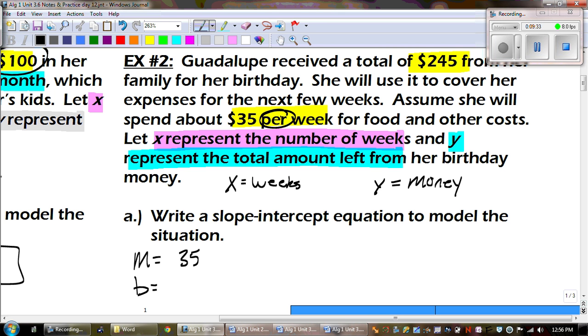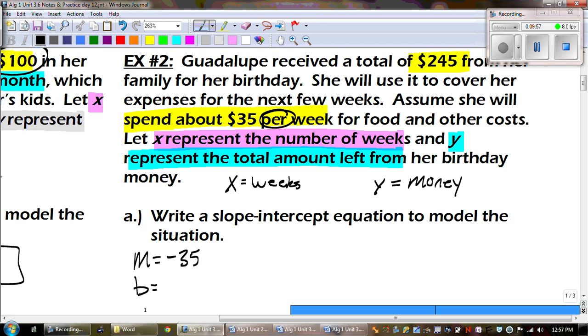Now, question for you. Read that sentence where it starts with assume. It says, assume she will, what's this word? Spend. So she's spending that amount. So are we adding that amount or are we subtracting it? Yeah, we're subtracting it. So our slope is going to be negative.